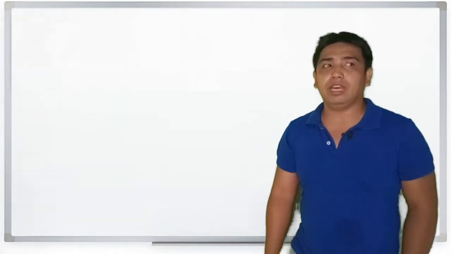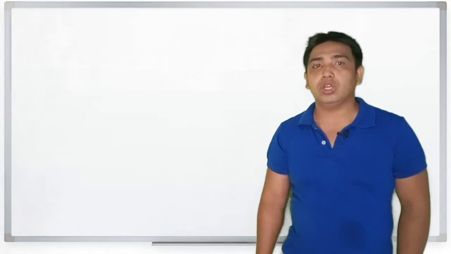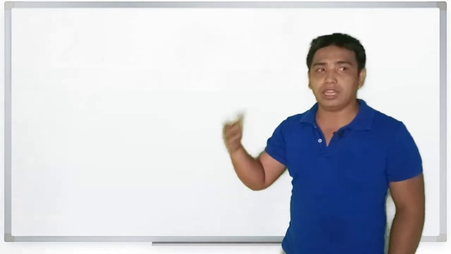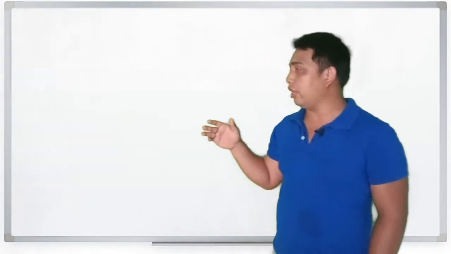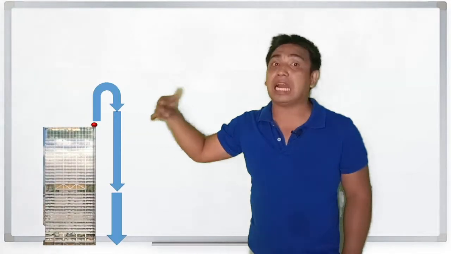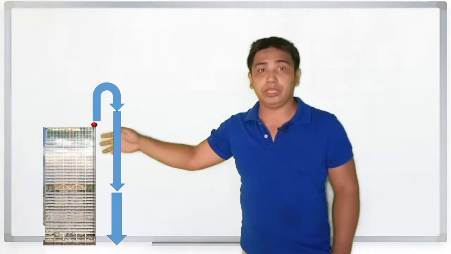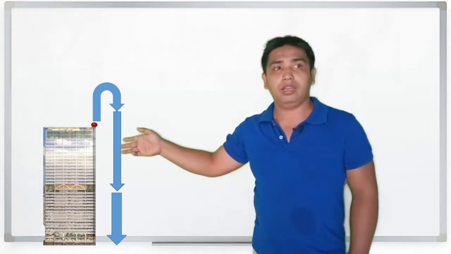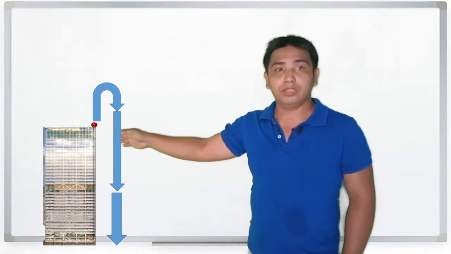So it's easier to deal with when we set it up properly. Here is our building, and the top of the building will be our starting point or reference point. That will be the 0 position.